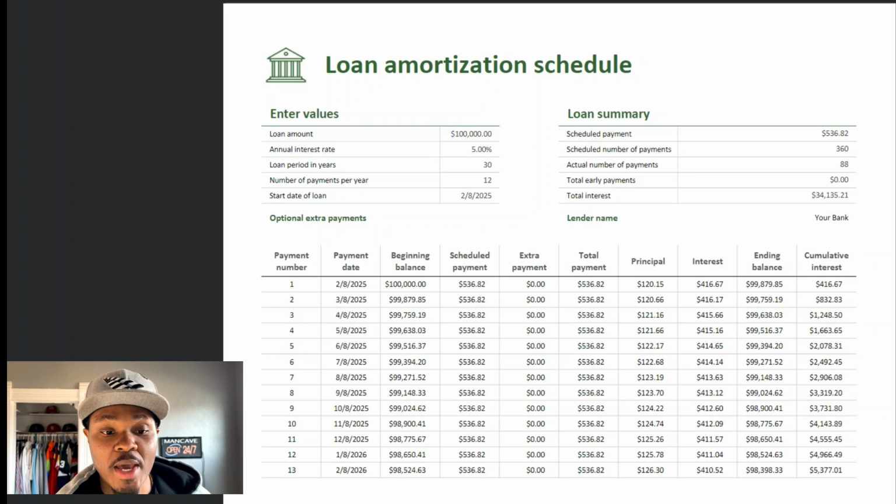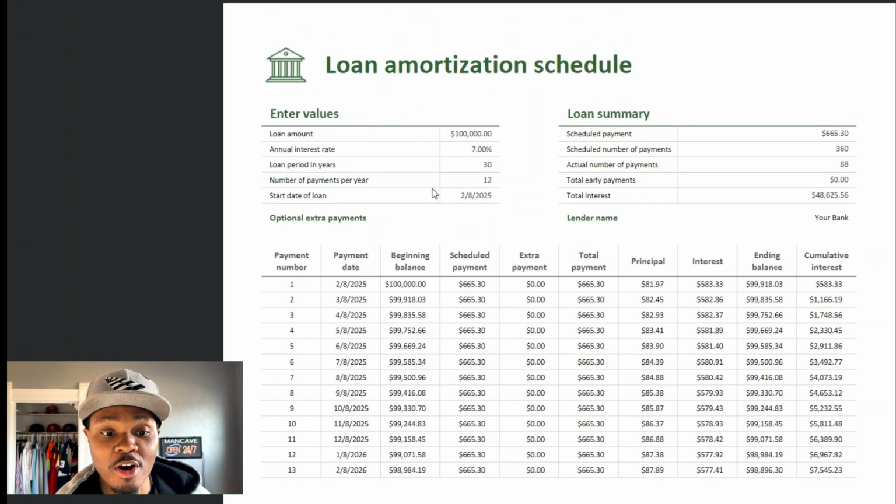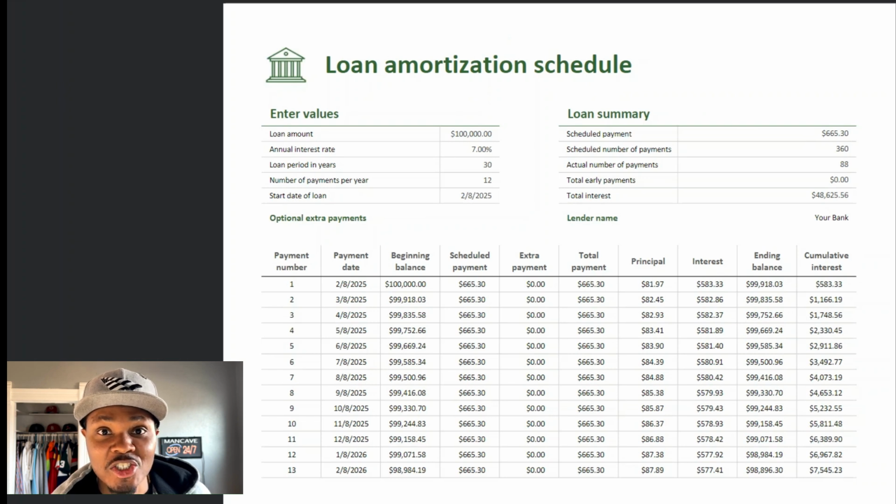But if you pay a higher interest rate over 30 years, your payment would be $665.30. Do you see the difference? At 5%, it's 536, and at 7%, it's 665. So if you get a shorter mortgage, your payments would be higher than if you got a longer one.